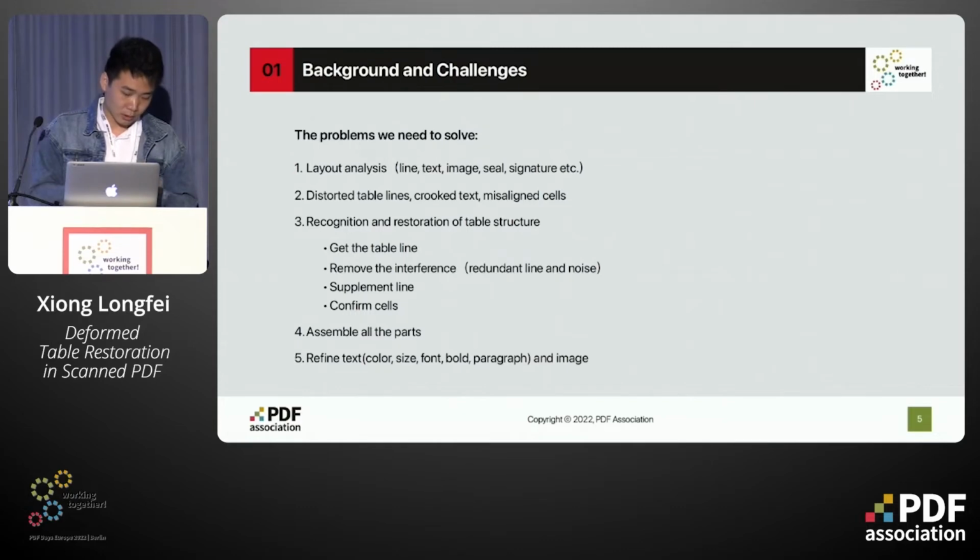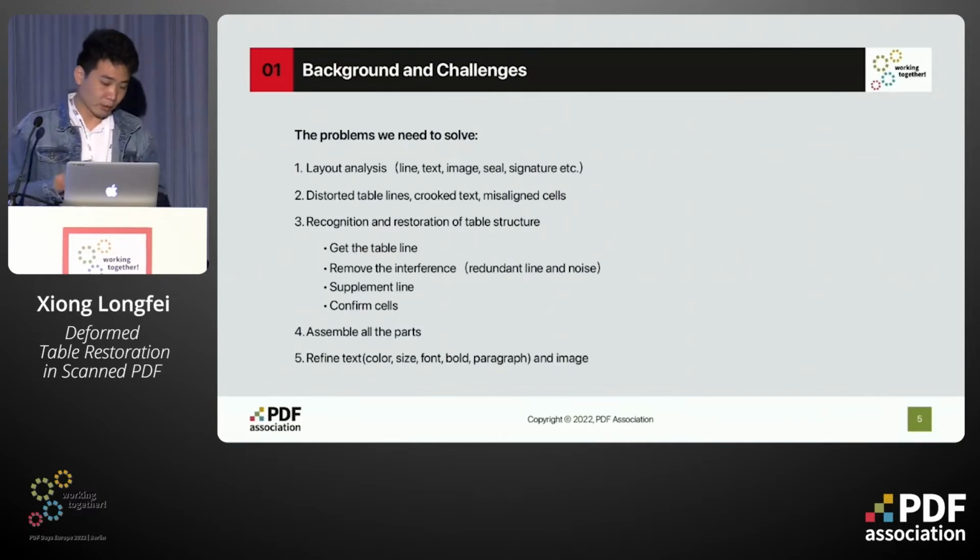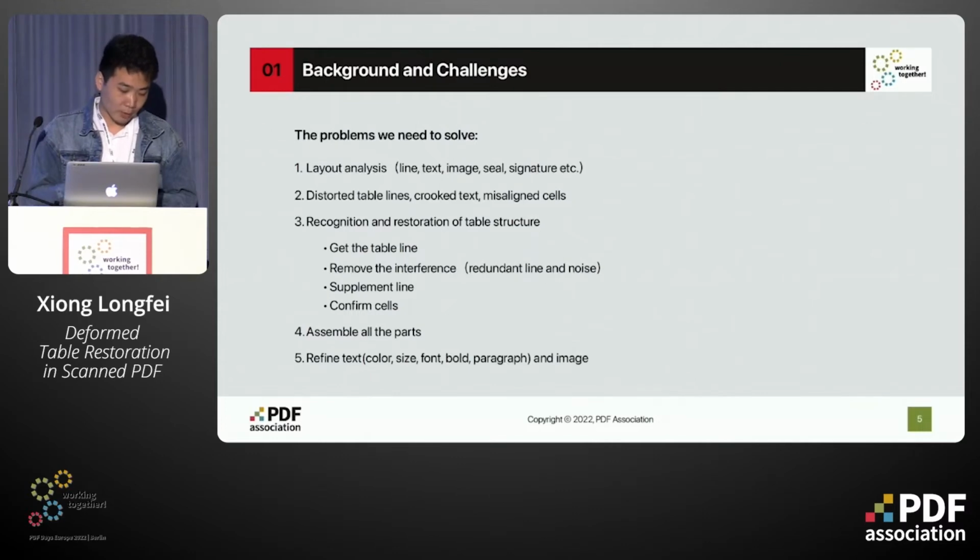It will cause the table lines and text to also be deformed. And even the cells will no longer be aligned. Because of the deformation and interference mentioned above, it becomes difficult to obtain table lines, remove interference, and confirm cell relationships.